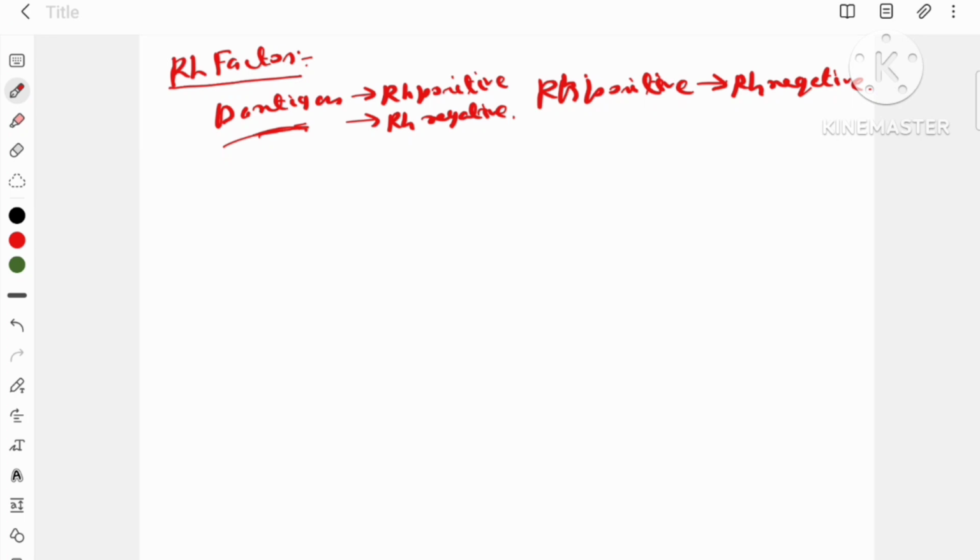On the other hand, there is no risk of complication if an Rh positive person receives Rh negative blood because it does not have any antigen. The Rh antigen is inherited. It is a dominant factor. It may be homozygous Rhesus positive or heterozygous Rhesus positive.